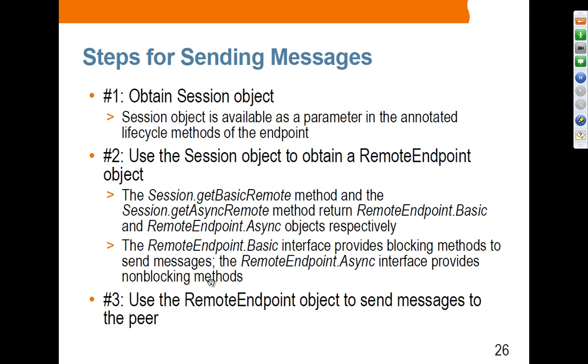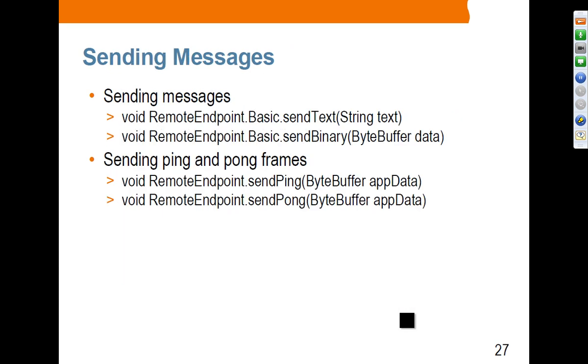Then you're going to use either remote endpoint object, Basic or Async, to send messages to the peer. So for sending messages, Basic sends text or binary data, and this one is for sending ping and pong frames.